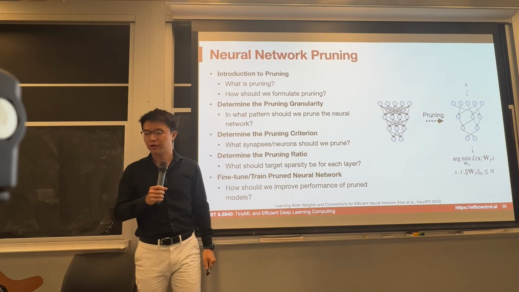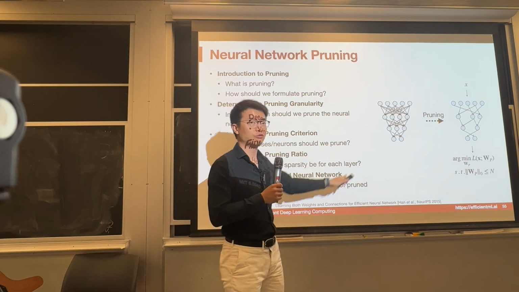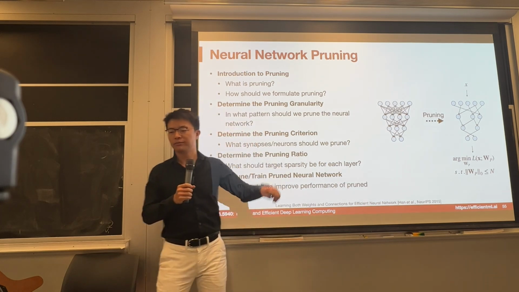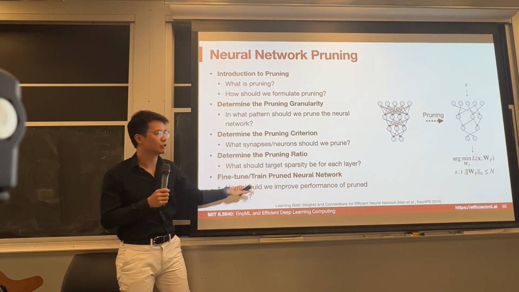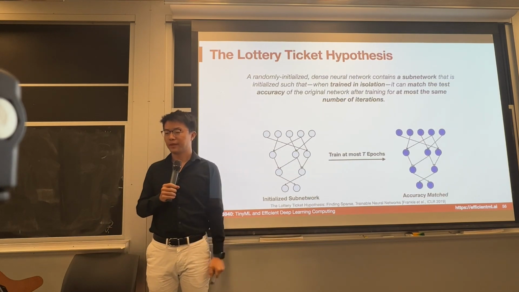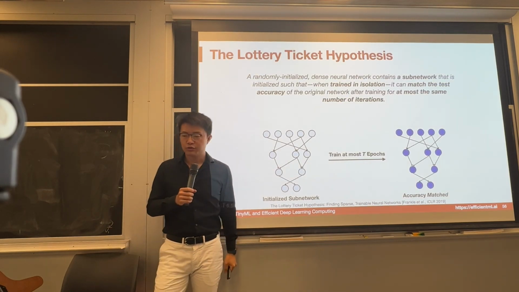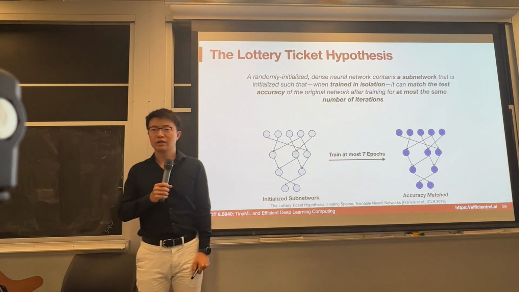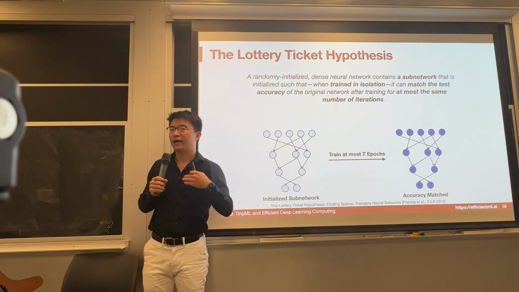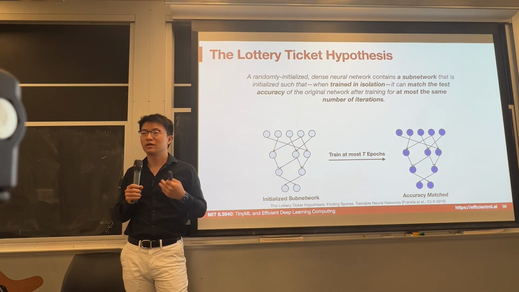So that pretty much completes the algorithm part of pruning, from finding the granularity and criteria, pruning ratio, to fine-tuning. And now I'm going to introduce an interesting paper called the lottery ticket hypothesis. So people ask, we have to train the model to converge and then we prune it.